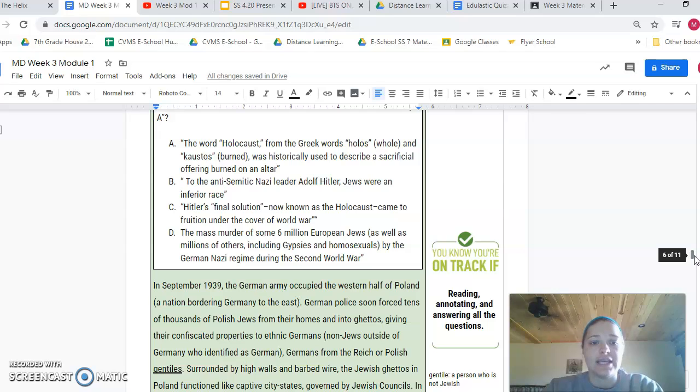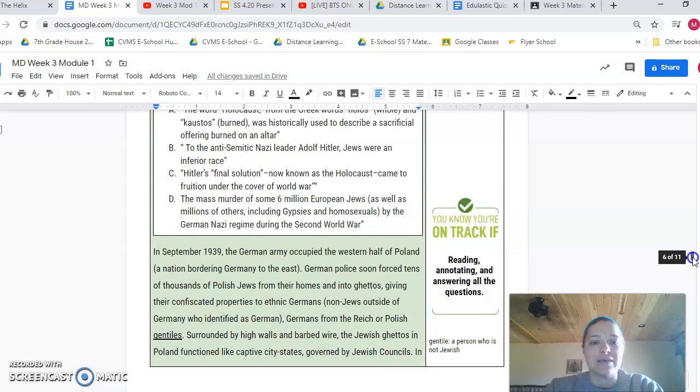B, to the anti-Semitic Nazi leader Adolf Hitler, Jews were an inferior race. C, Hitler's final solution, now known as the Holocaust, came to fruition under the cover of World War. Or D, the mass murder of some 6 million European Jews, as well as millions of others, including Gypsies and homosexuals, by the German Nazi regime during the Second World War.